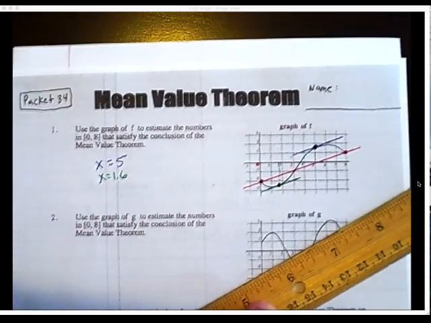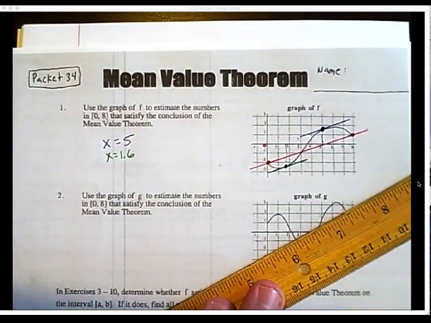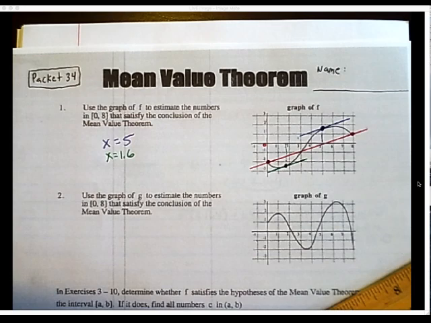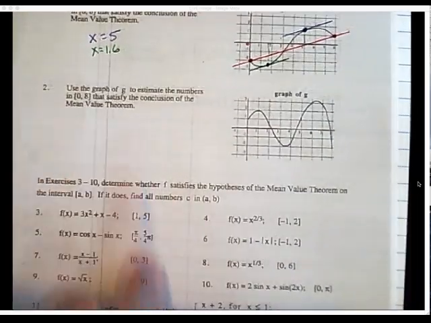So that's how you do that. This green line, blue line and red line are all parallel to each other. You do the same thing for number 2 as you just did in number 1.